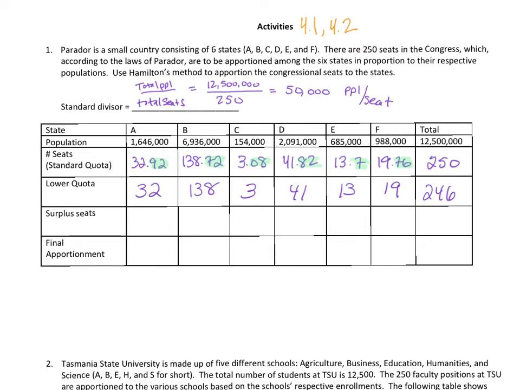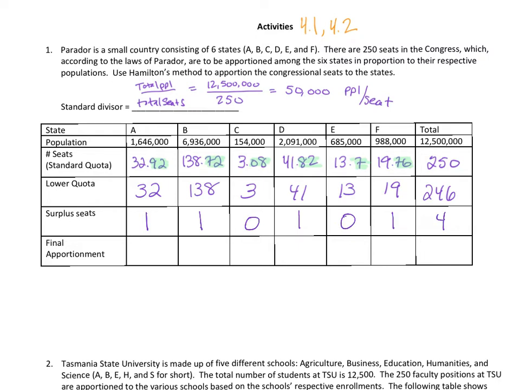So the largest decimal piece here looks like it's state A with 0.92, so they definitely get an extra seat. All right, then the next one would be 0.82. They get an extra seat. Then 0.76, then 0.72, and I've now given out 4 extra seats. That's all I have to give out. So C and E do not get an extra seat. We've given out the 4 extras.